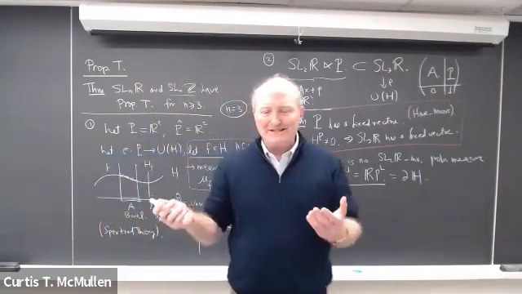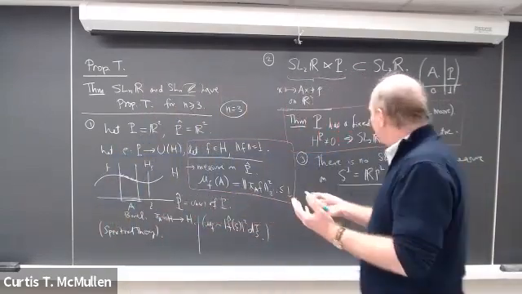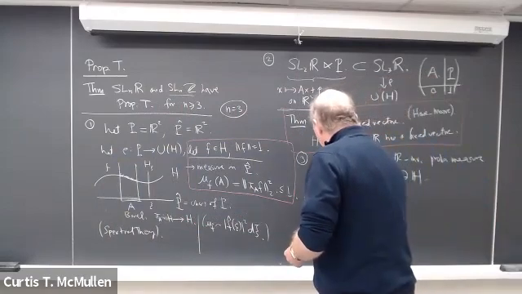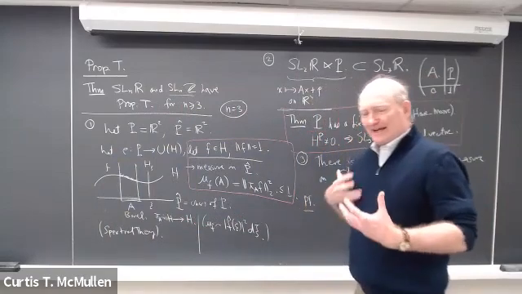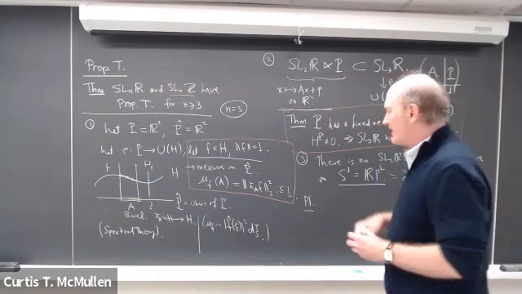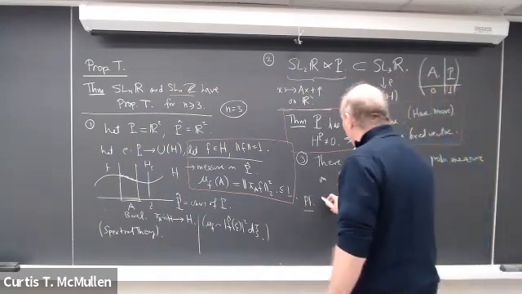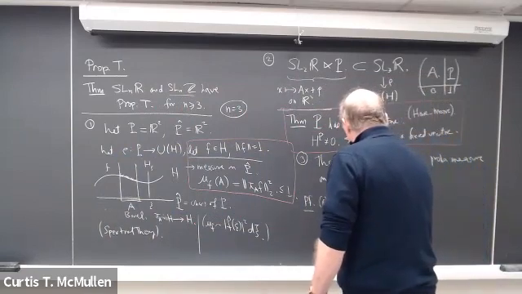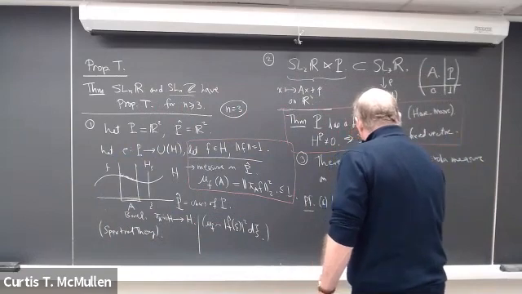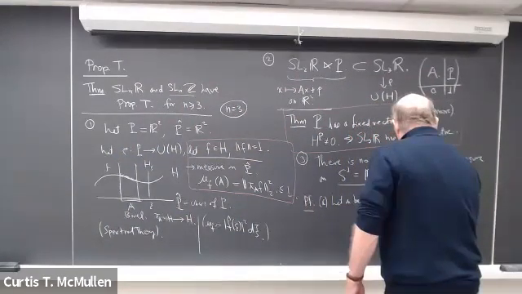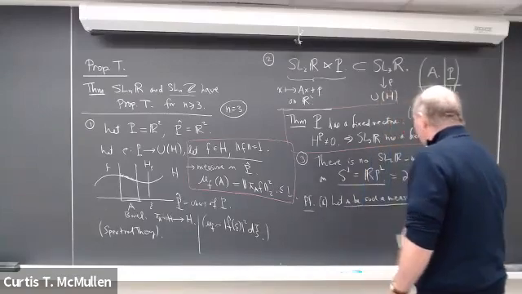Okay, now why is there no SL2R invariant measure on the circle? So this is something I hope that your feeling about SL2R on the circle now is enough that this is intuitively obvious, but let's give a formal proof. So let mu be such a measure, an invariant probability measure on the circle.